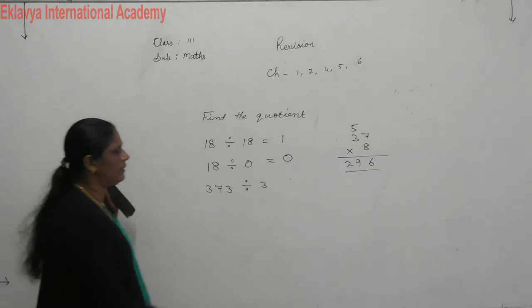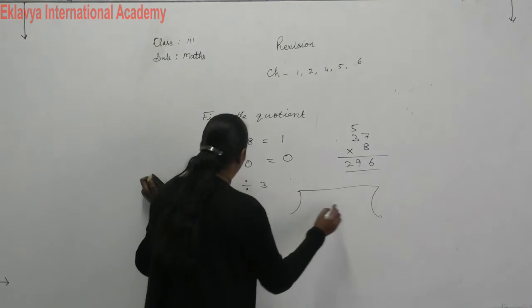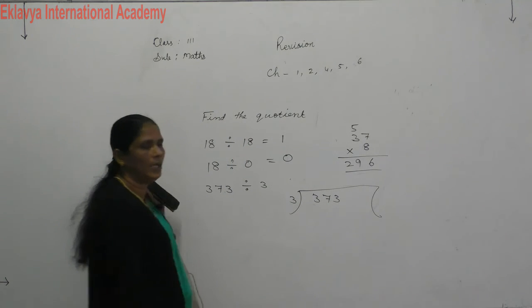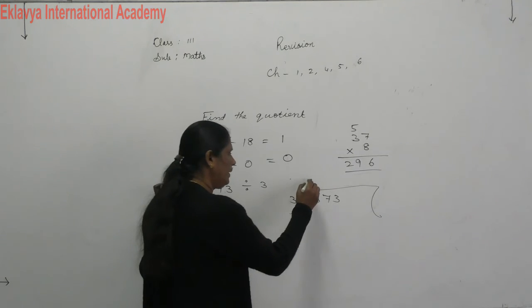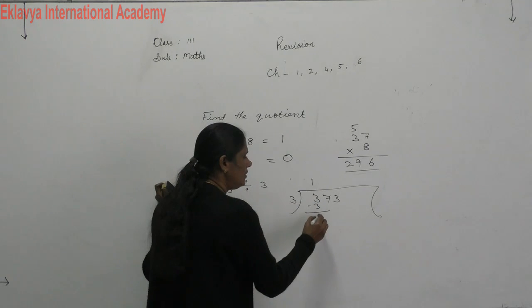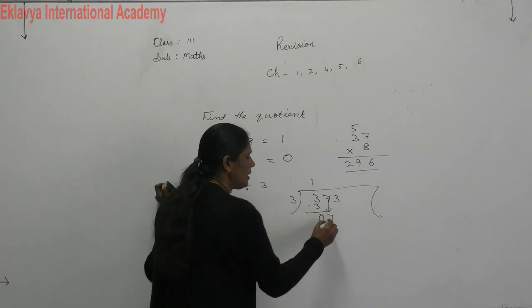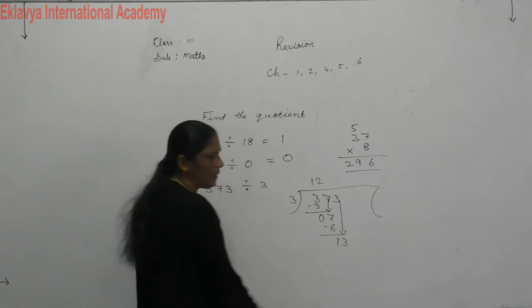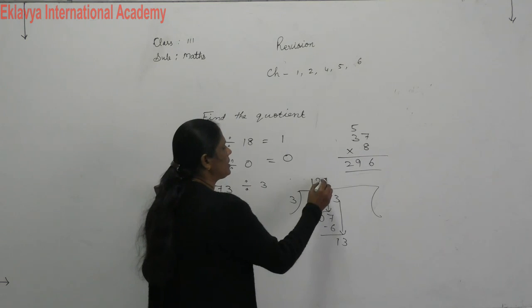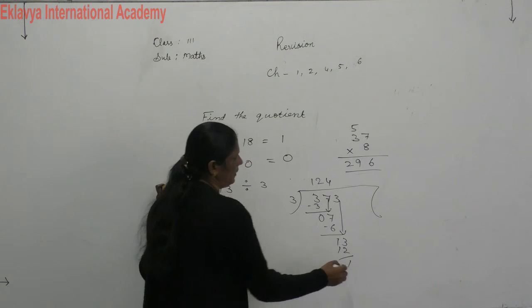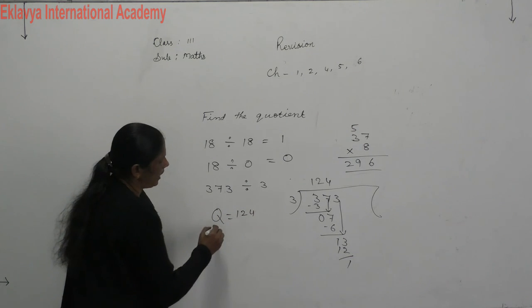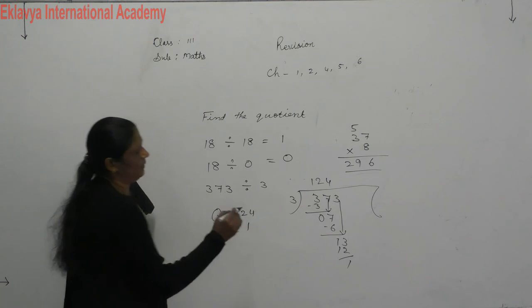First you divide this number. The table of 3, how many times? 1 time, then 3, then 0, 7 comes down, how many times? 2 times, then 6, then 1, then 3 also comes down. Now our number is 13. How many times? 4 times, 12, then 1. Our quotient is equal to 124. Our remainder is equal to 1.